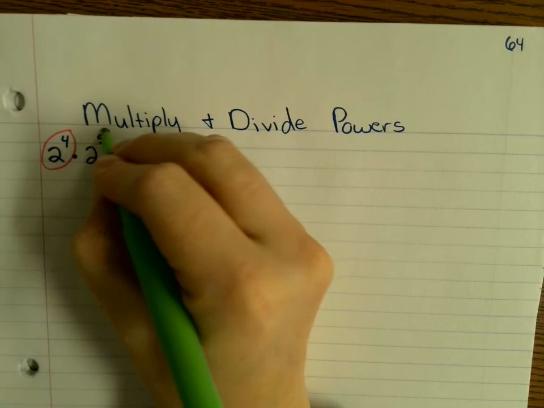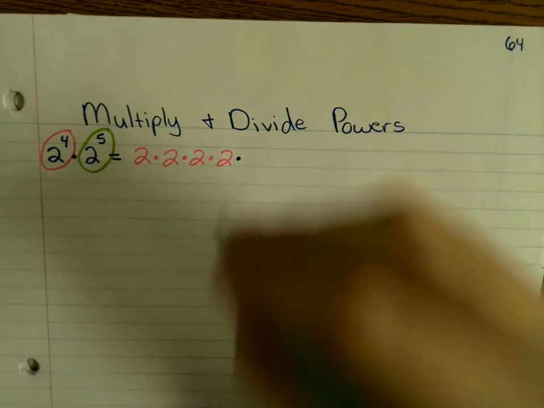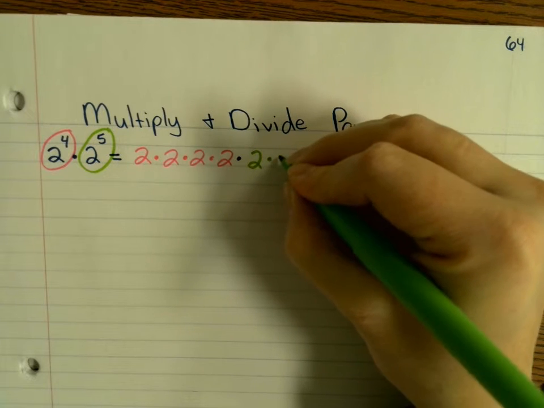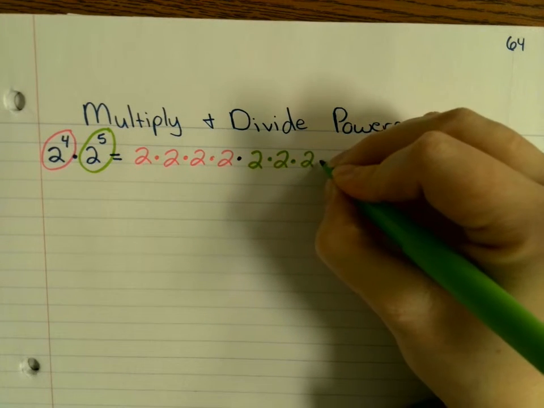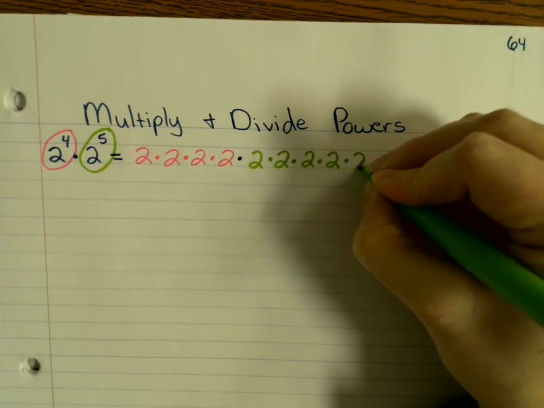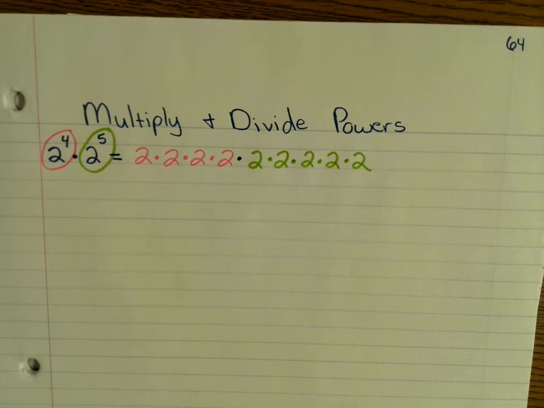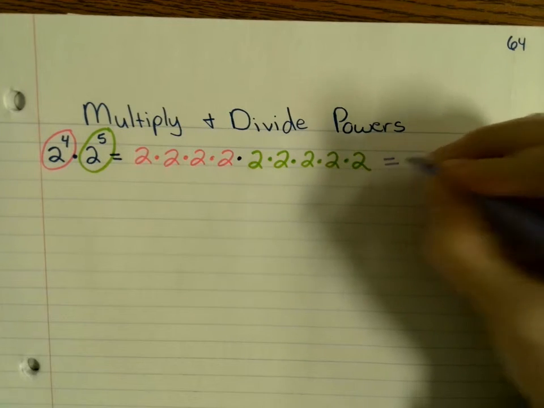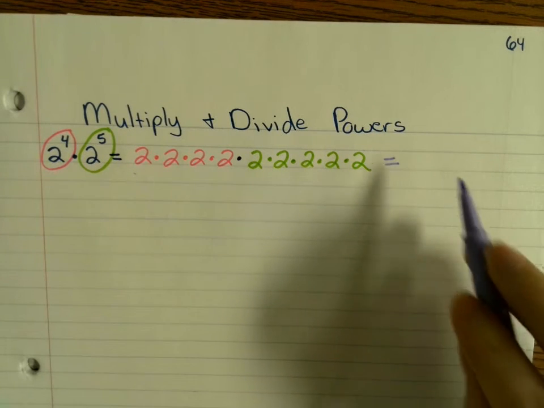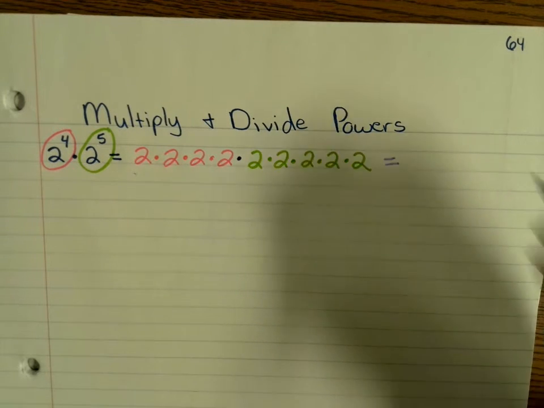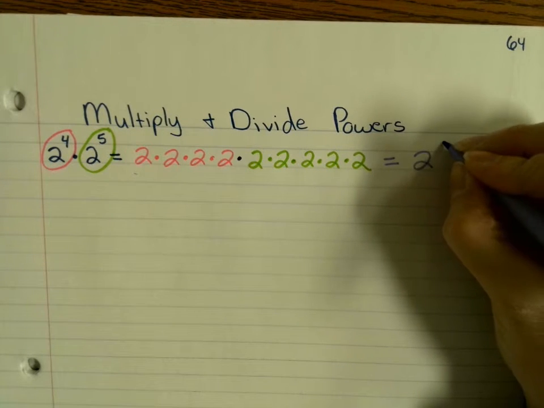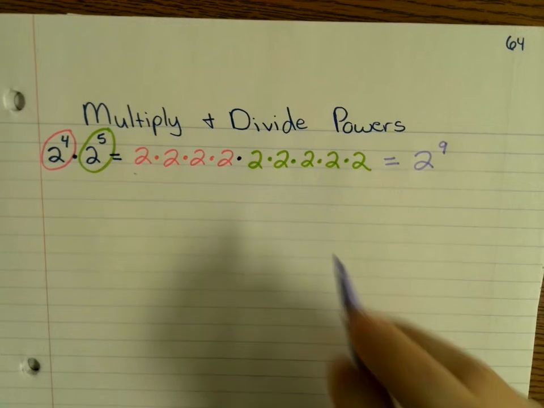Expanded, that would come out to 2 times 2 times 2 times 2 times 2. So now if I wanted to simplify this to where it was just a single base and a single power, what would my base be? 2, and then the exponent would be a 9, right? 2 to the 9th power.